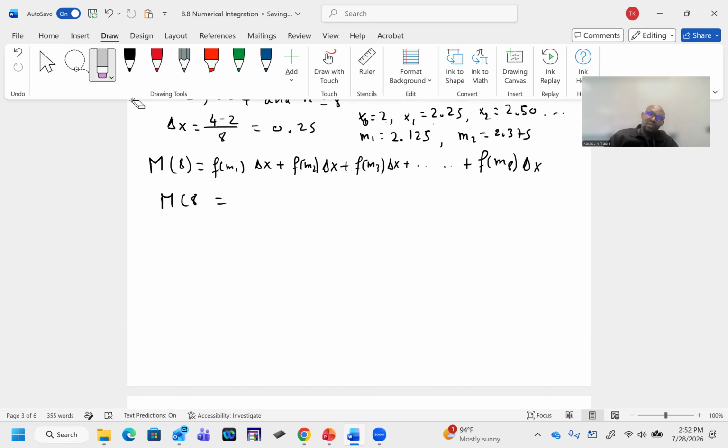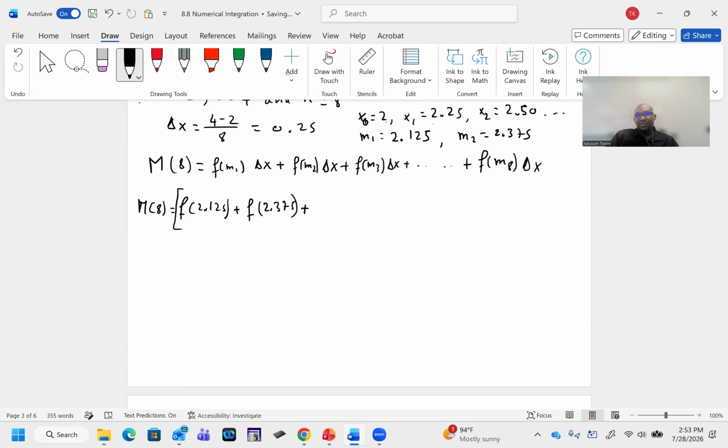So before I give you the solution, my M of 8 will basically be f of 2.125, because that's the midpoint, times delta x, plus f of 2.375, plus between x2 and x3.